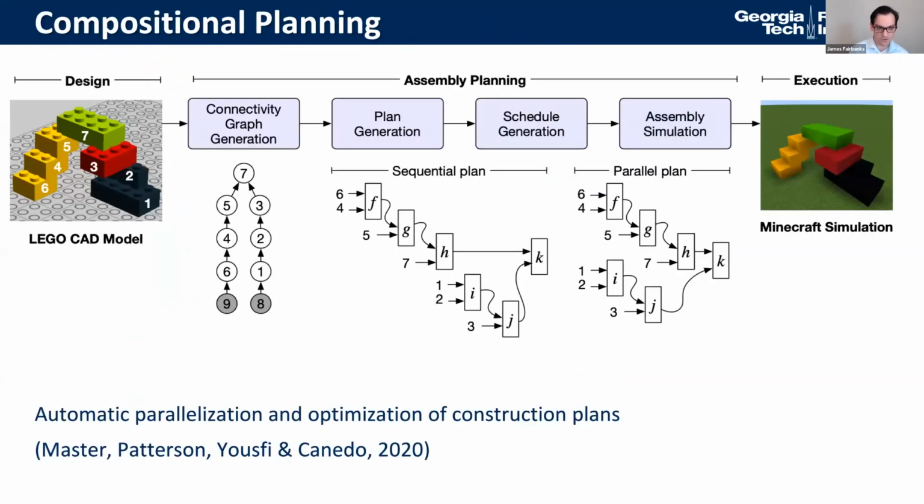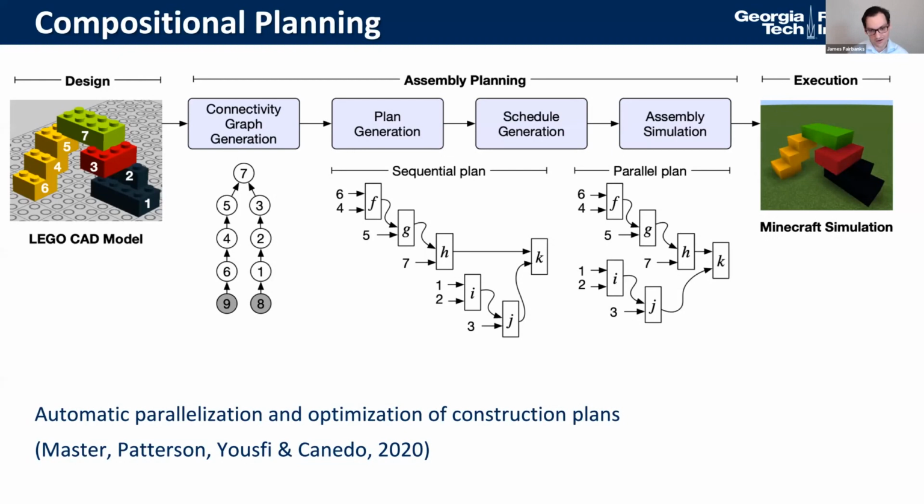So one is compositional planning, where you have a category of CAD designs, computer-aided design, of things you want to build. And then you have a category of processes where you take the object you're trying to build and you come up with a plan for how to build it. The plans are morphisms in this planning category.